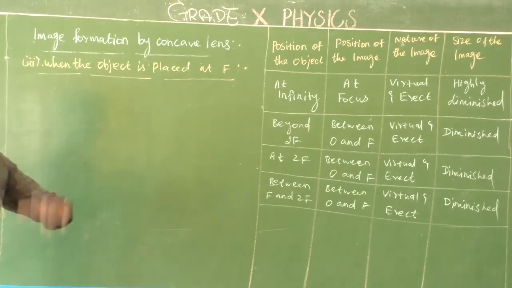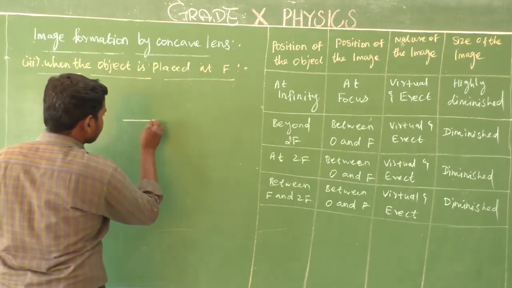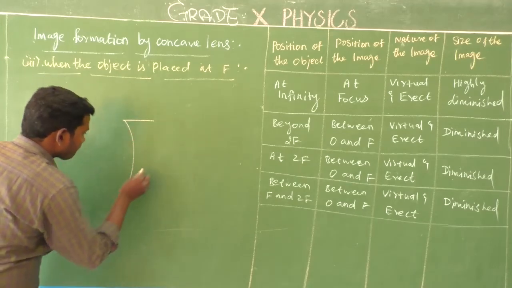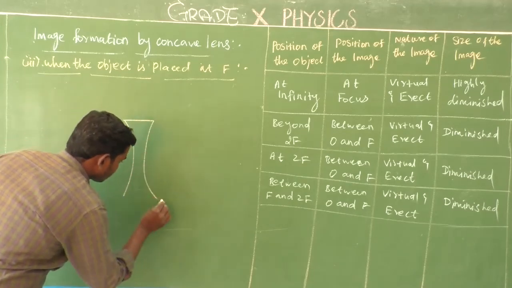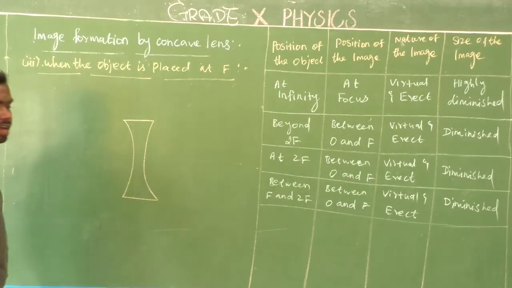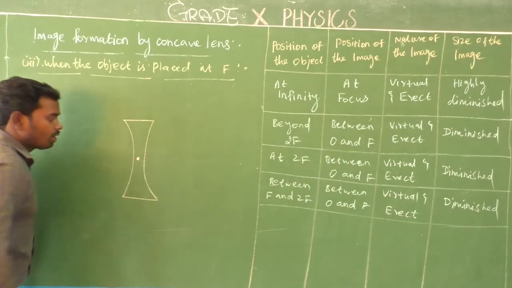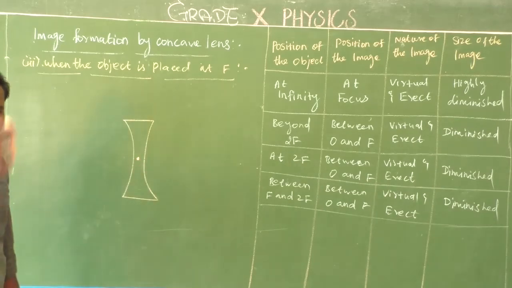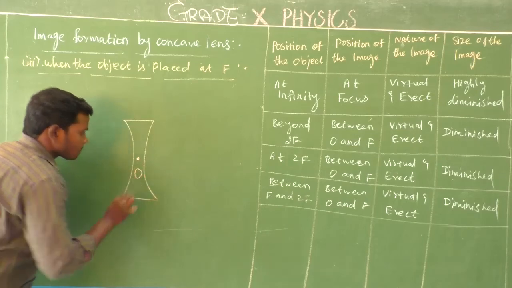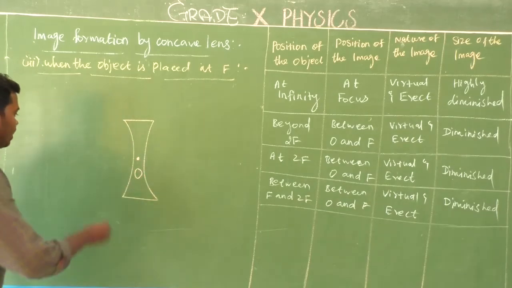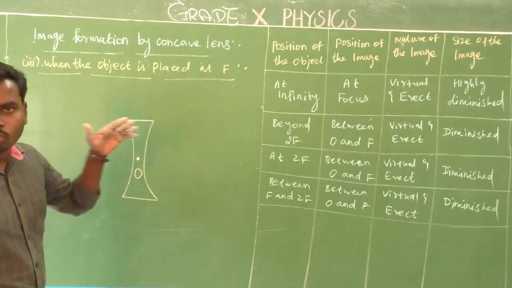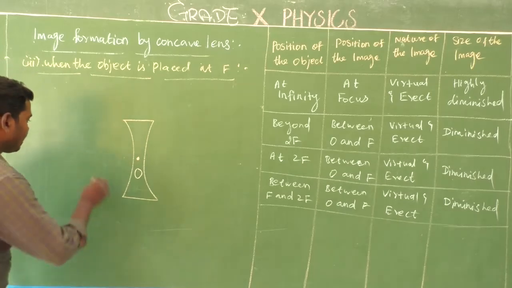Next, consider the concave lens. Yes, it is a concave lens. The center point of a concave lens is the optical center, denoted by a capital O. Am I right? Yes. Next, an imaginary line which passes through the optical center is the principal axis, like this.